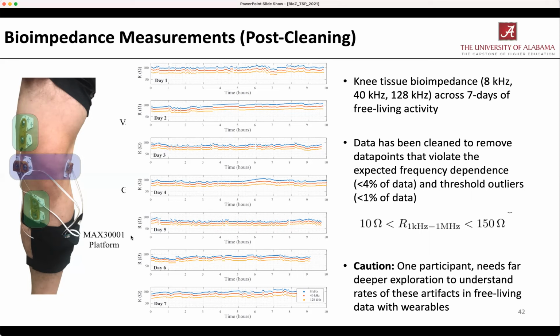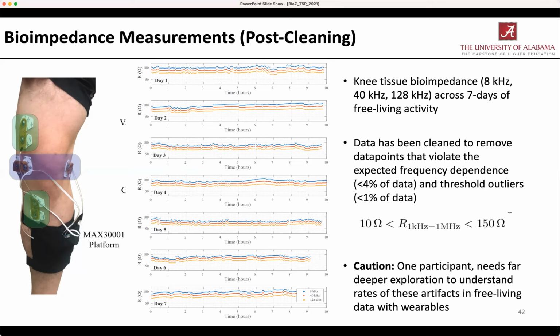The wearable system was worn for 7 days, 9 to 10 hours per day. We see nice, clean, continuous transitioning patterns. We do see jumps at different periods, but they're not unexpected based on fluid shifts due to changes in positioning, such as lying down to standing, sitting to standing, standing to sitting down. Quick changes in fluid shifts can occur at any of those body transitions.